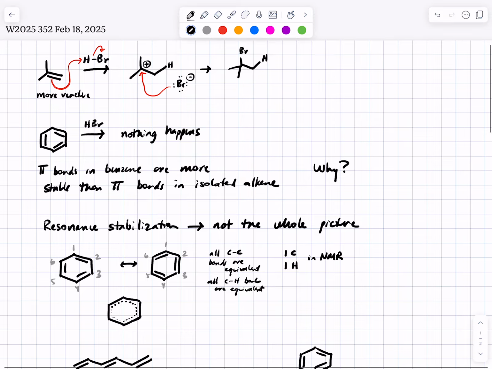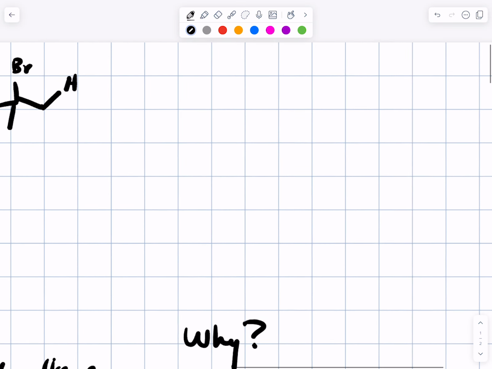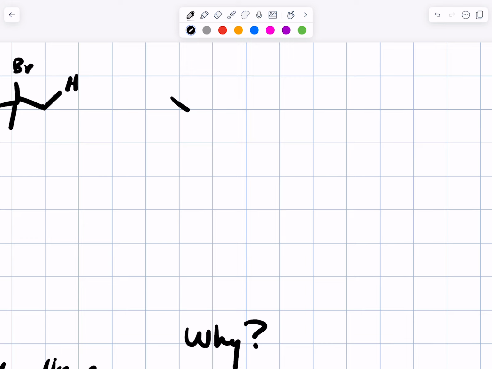Before we dive into that, let's just review what we mean when we talk about a pi bond in an organic molecule. Where does that pi bond come from? It comes from two carbons side by side overlapping with each other, and I heard p orbital, right?